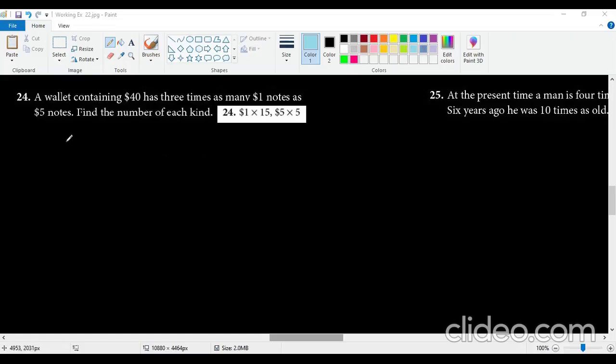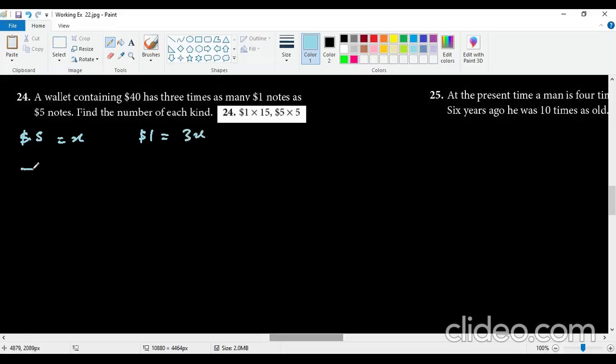A wallet containing $40 has 3 times as many $1 notes as $5 notes. So according to the question, I will assume the $5 note count be x, and the $1 note count I assume as 3x.